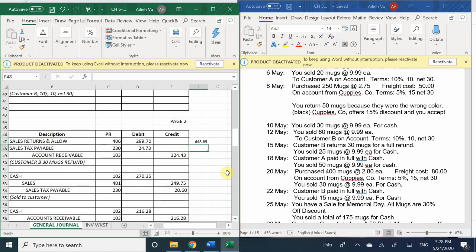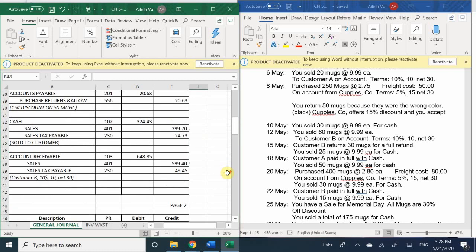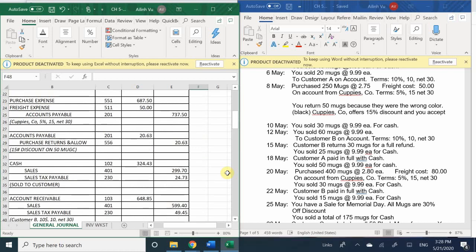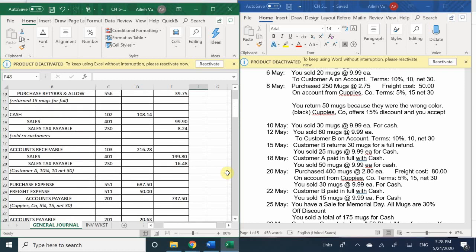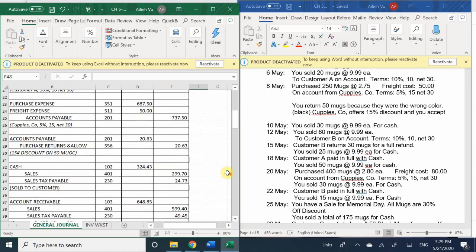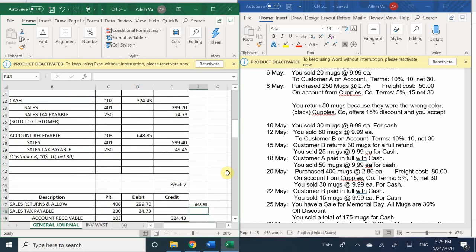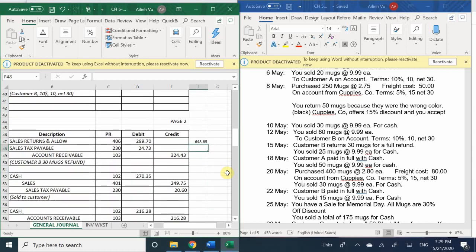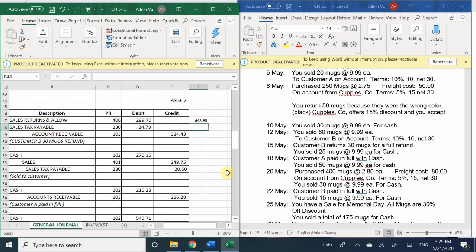Is that right? Okay, so 648.85. That's his original. How much of the accounts receivable did we decrease it by? By half. Okay, 50%.